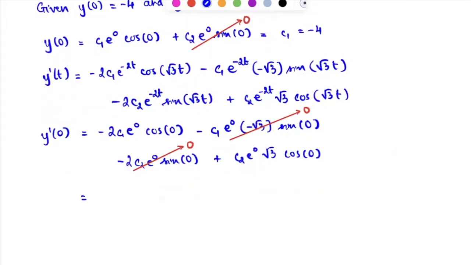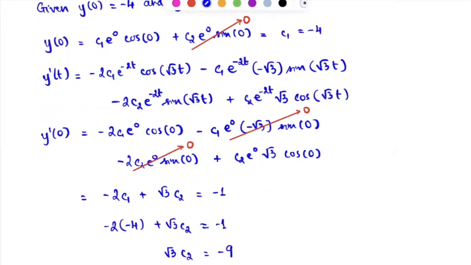You're left with negative 2c1 plus square root of 3 times c2, and this is equal to negative 1. But c1 is equal to negative 4 already, so you get negative 2 times negative 4 plus square root of 3 c2 equal to negative 1, or square root of 3 times c2 equal to negative 9, and c2 is equal to negative 9 over square root of 3. Rationalize this, and you get negative 3 times square root of 3.